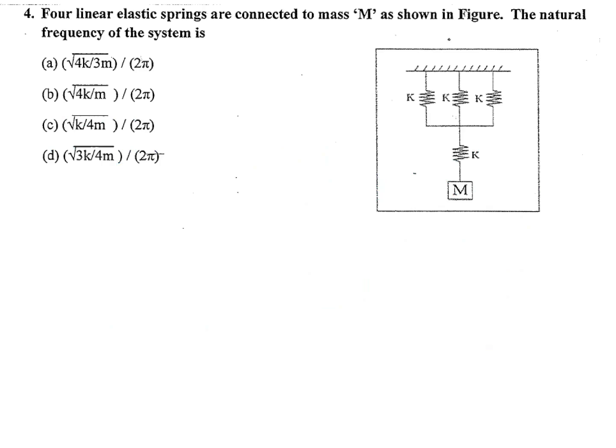Four linear elastic springs are connected to mass M as shown in figure. The natural frequency of the system. First it's the parallel case, then the series case. First the upper 3 springs, they are in parallel, so for the upper 3 springs K equivalent, all are K, so K plus K plus K is 3K.